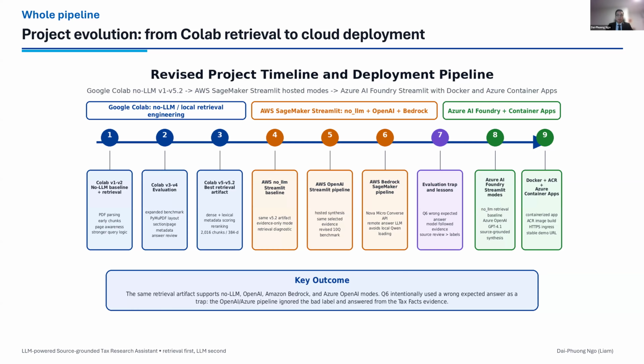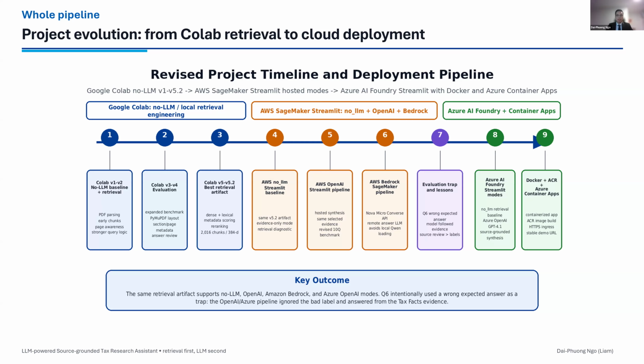My project evolved in three phases. First, I built a NoLM and local retrieval pipeline in Google Colab from version 1 to version 5.2. That phase focused on parsing, chunking, page awareness, metadata, and re-ranking. Second, I moved the same artifact to AWS SageMaker to deploy a Streamlit web app and tested three modes: NoLM, OpenAI, and Bedrock Nova Micro.